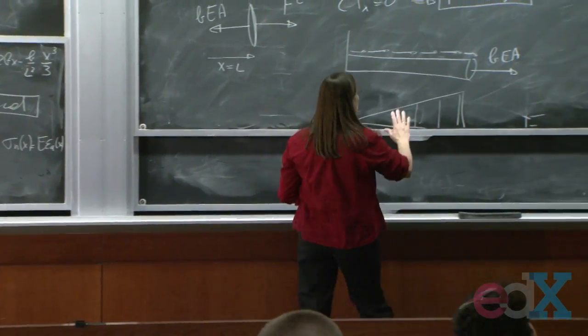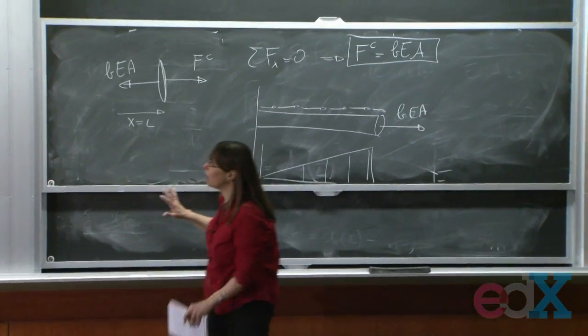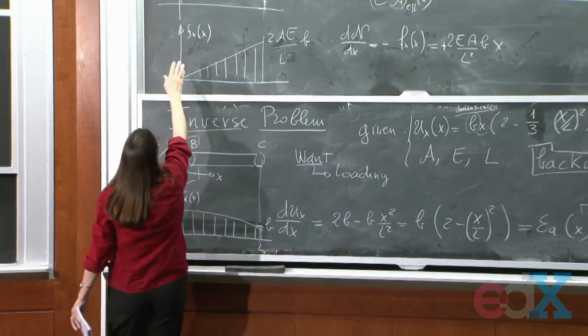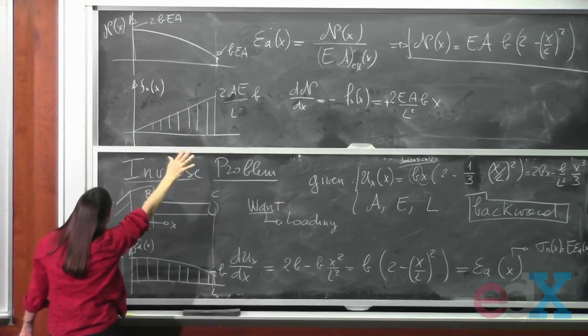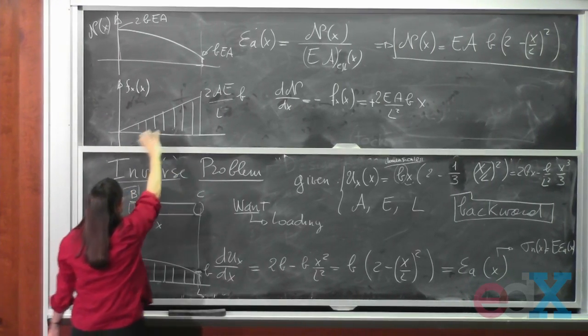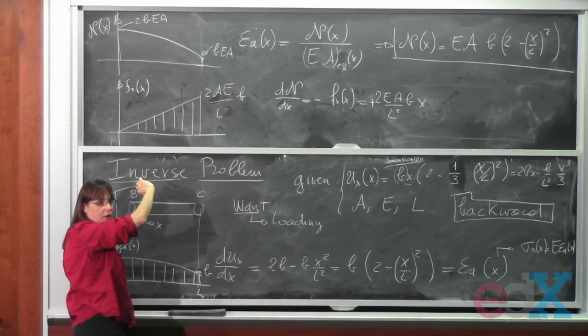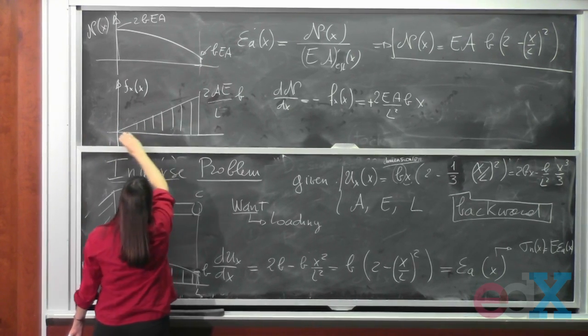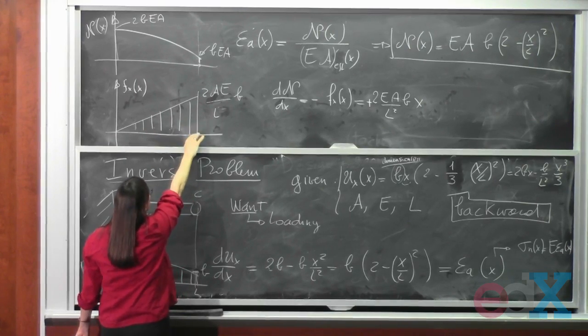Absolutely. So what I'm saying is that once you look at the diagram of n of x, the slope of the diagram tells you the distributed loading, right? So see no slope up there, and then big sloping, the slope increasing, that gives you the distributed loading.